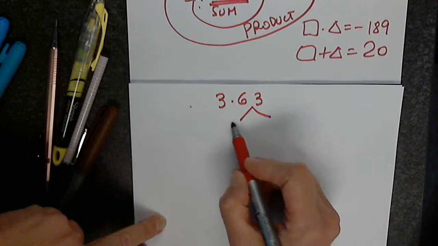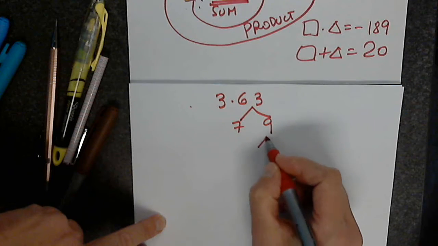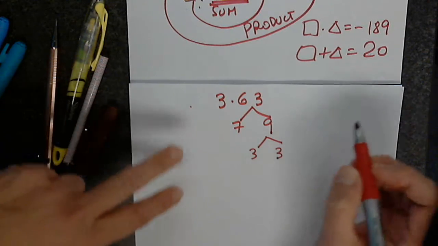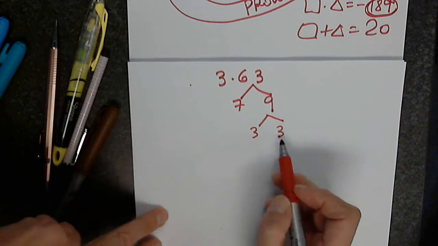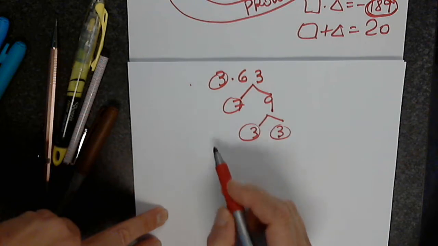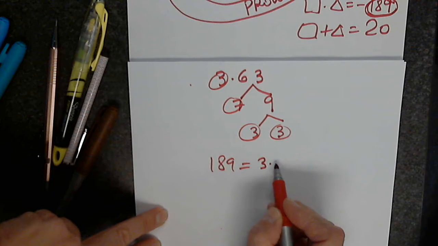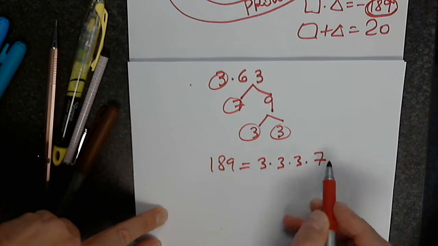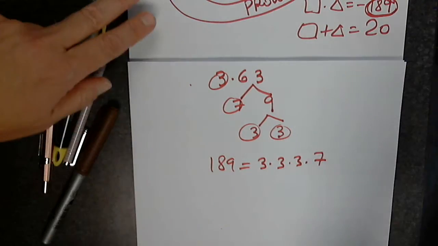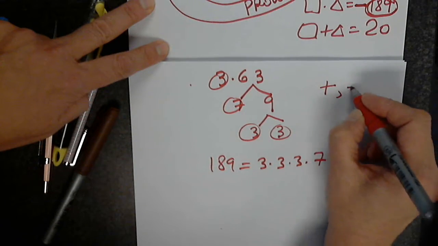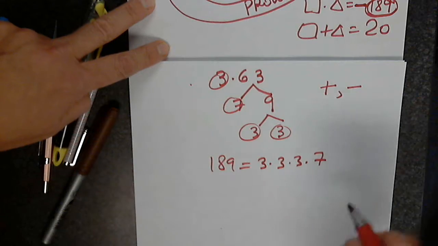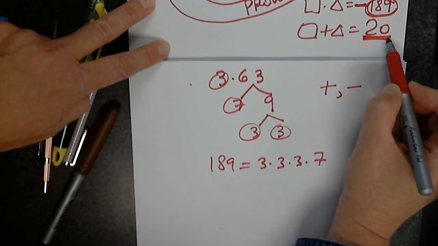And I know that 63 is 7 times 9, which is 3 times 3. So this number is composed by 3, 3, 3, and 7. Because the number is negative, I know I'm looking for a positive and a negative, and their sum has to be 20.